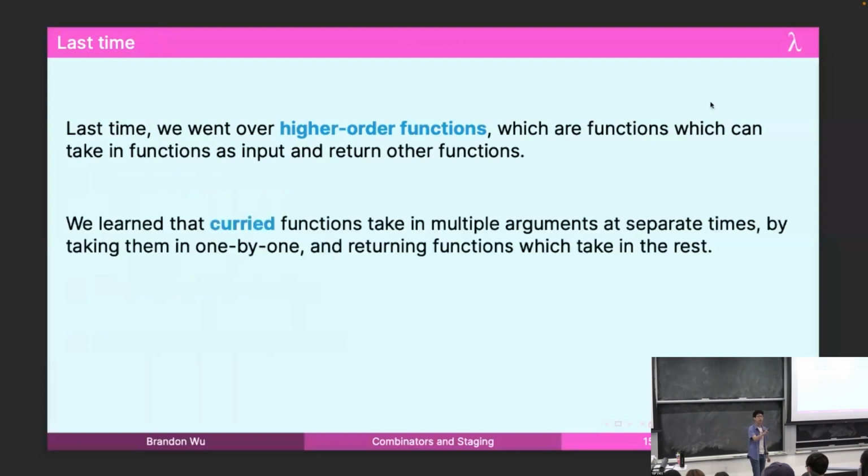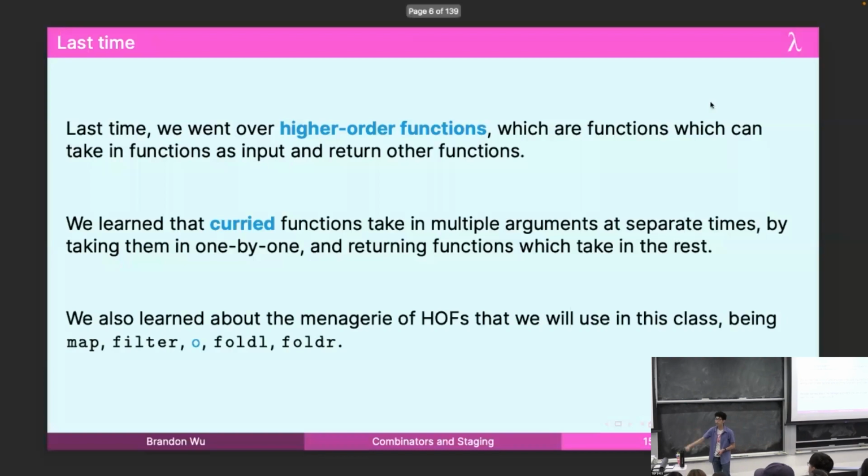We learned how we can have curried functions, which take in, quotation mark, multiple arguments because they take in one argument and return a lambda, which takes in the rest of the arguments. And then we also talked about the HOFs zoo, the menagerie of map, filter, compose, foldL, and foldR, which are our base for higher order functions, but we're going to improve on that as time goes on.